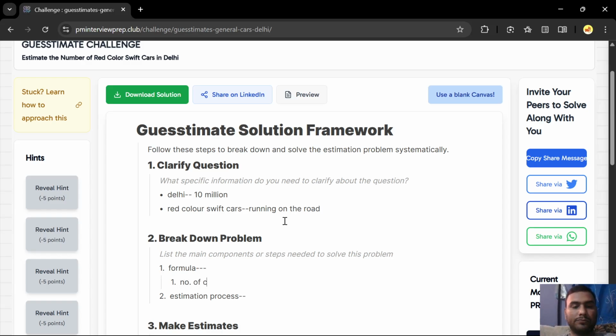We have to create the number of z, and from here we can do a breakdown.